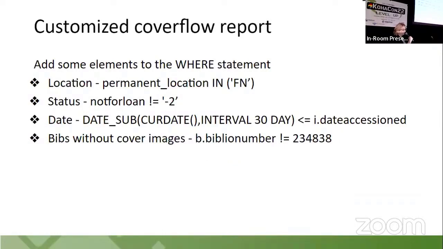It's after the fact, and there may be another way to do it, but I found if I actually went in there and put in the where statement to have the biblio number not equal to the specific biblio number of that title, then that's pulled out of the results. And it comes out of the Coverflow because I really don't want that. That looks like something's broken and I don't like that.